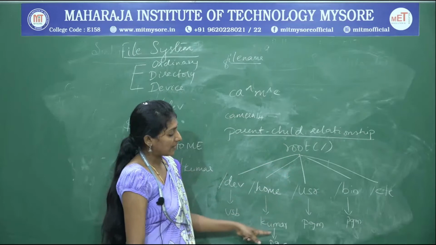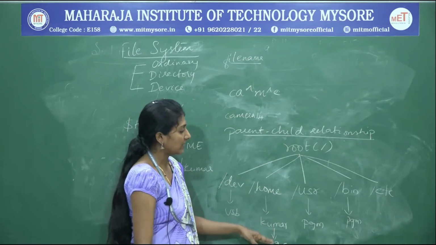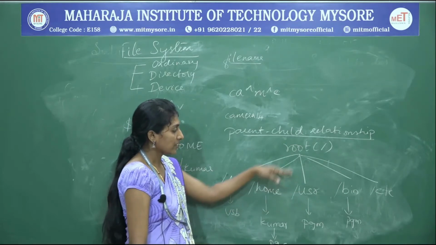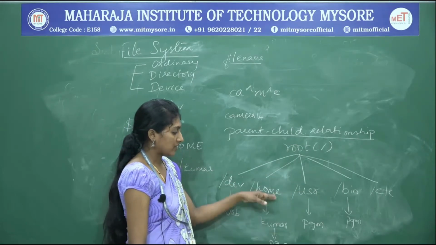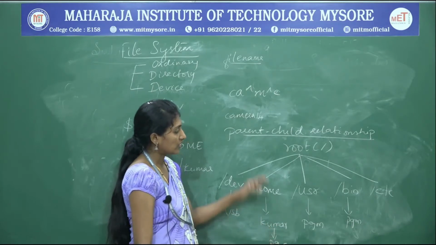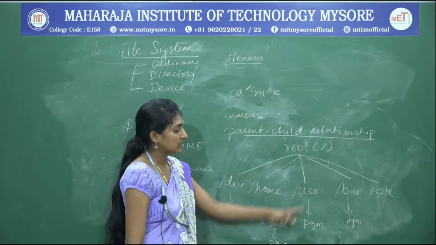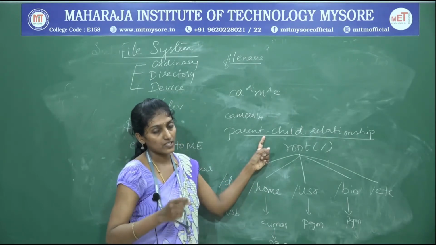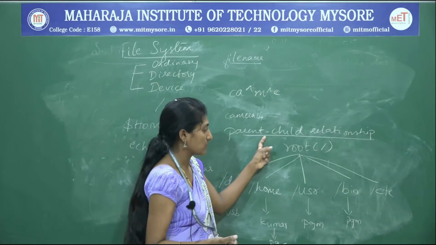They are placed one below the other, which means this is a parent directory, this is a child directory, and this is again a child for home, and pg.c is a child of Kumar. We name this relationship the parent-child relationship.